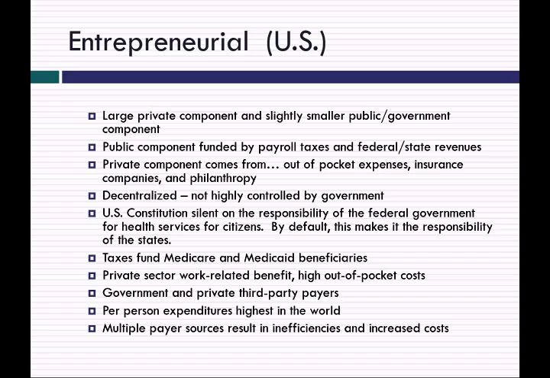The public component is funded by payroll taxes and federal and state revenues. The private component comes generally from out-of-pocket expenses, either for the individual who has the insurance or for employers who are providing insurance. It comes from the insurance companies because they are reimbursing providers for care, and it comes from philanthropy.